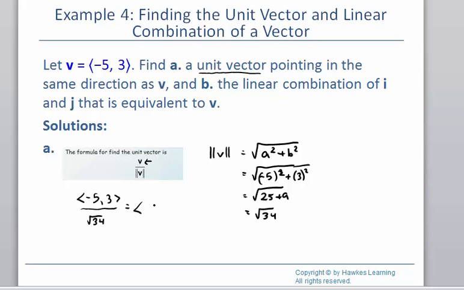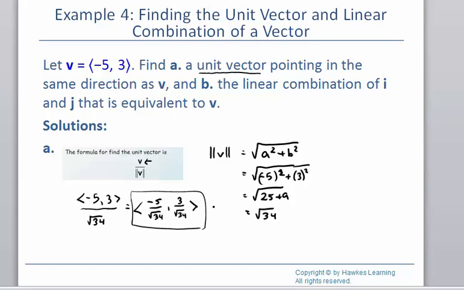So our horizontal component becomes negative 5 over the square root of 34, and our vertical component becomes 3 over the square root of 34. Our book does not rationalize this denominator, although you could by multiplying top and bottom by square root of 34. And so this will be the unit vector that has the same direction as the given vector that we started with.